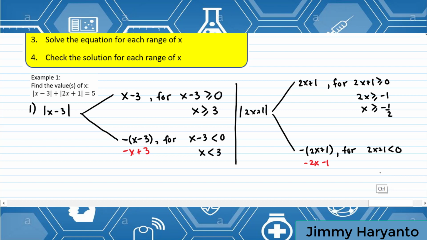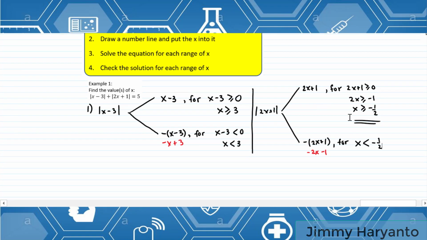It's a long way to go. I have a trick for this one. If you write at the top x greater than or equal to negative 1/2, for the second one we only have to reverse it. If the first is greater than or equal, the second one will be less than. It's always like that. Then we leave it like that.